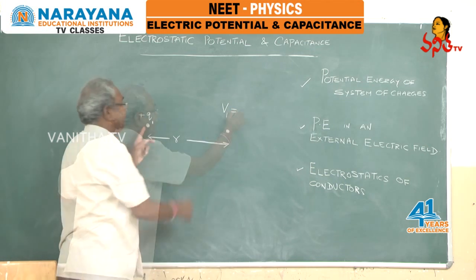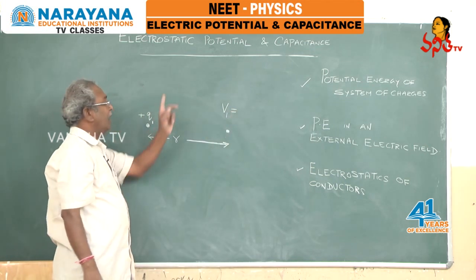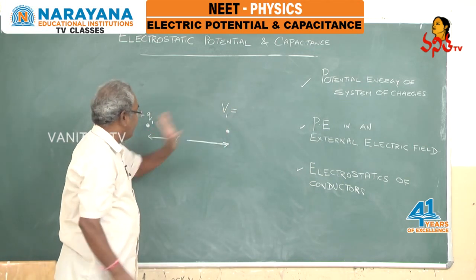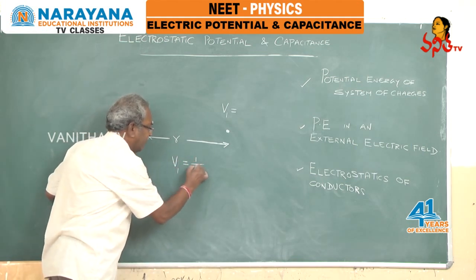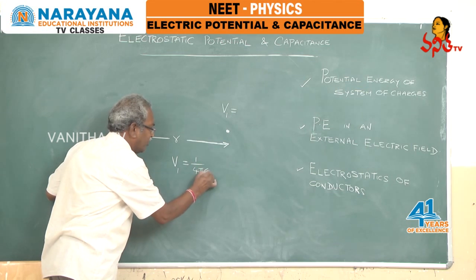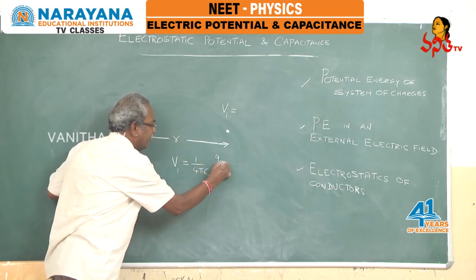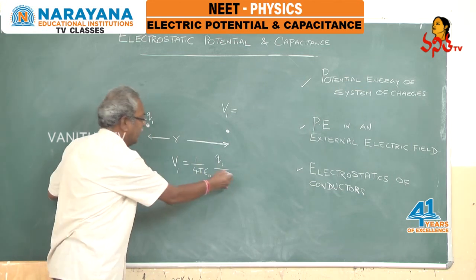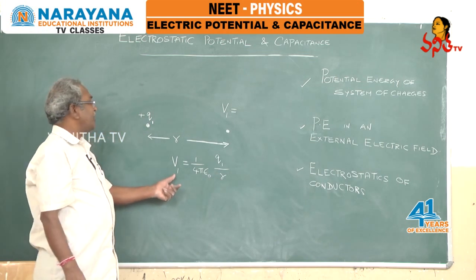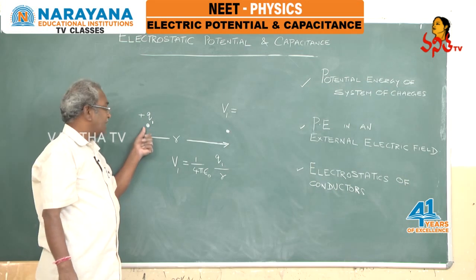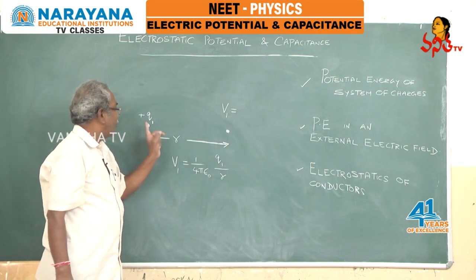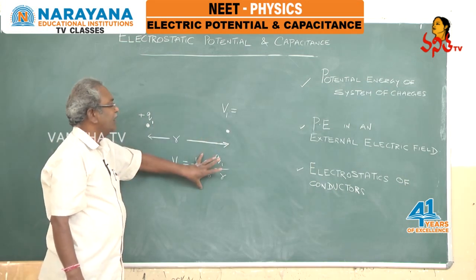Because of this charge plus Q1, the potential here is V1, which can be expressed as V1 equal to 1 by 4 pi epsilon naught Q1 by R. This is the potential at this particular point because of the plus Q1 charge.